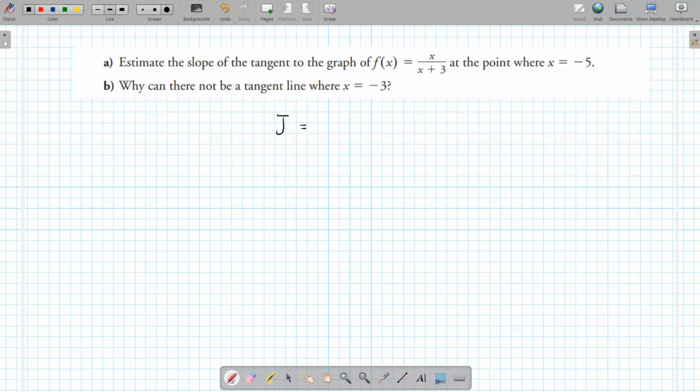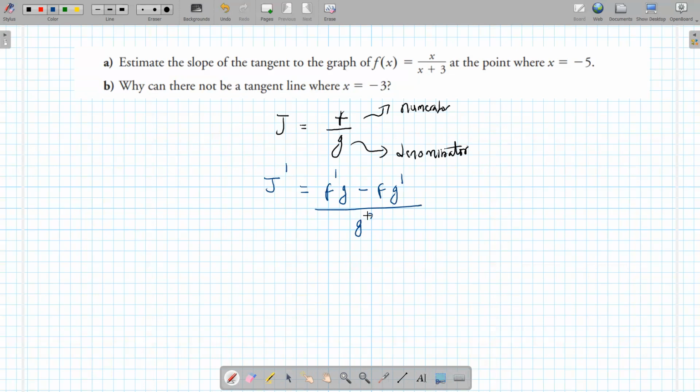This is in the form of some f divided by g, where f is the numerator and g is the denominator, basically a rational function. You can get j prime. J prime is the shortcut. J prime is going to be equal to f prime of g minus f g prime, all over g squared.